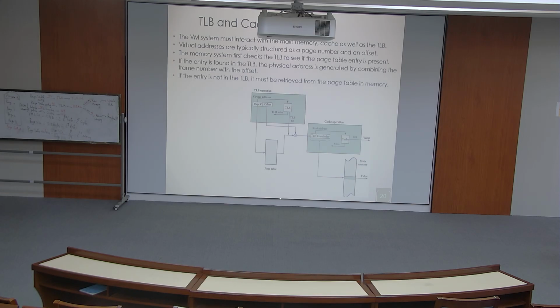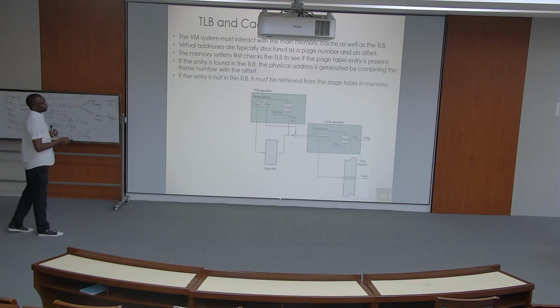Here we have the TLB operation. We have the virtual address, which includes the page number as well as the offset. Then the system needs to check if the page table entry is available in the translation look-aside buffer. If it is available there, we have a TLB hit, and the physical address is generated by combining the frame number as well as the offset.